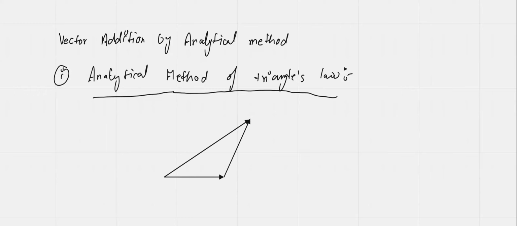Please note this for now. This is A, this is C, this is O. Clear? The vectors you can call the P vector, Q vector, and R vector, and these are the points we have to get.